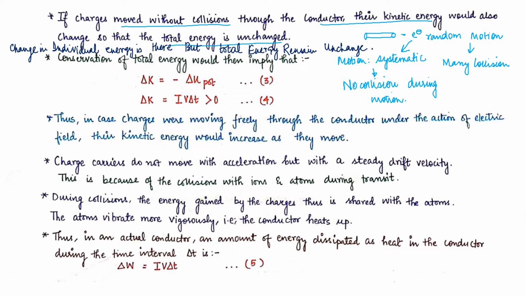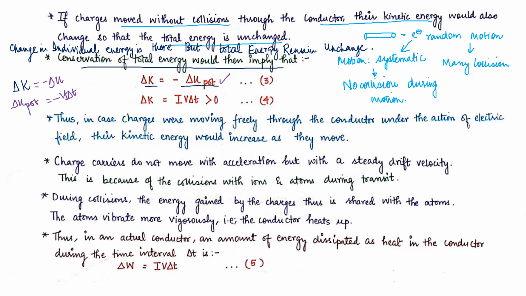In that case, we will see the conservation of the total energy, and from the conservation of total energy, it implies that change in kinetic energy is equal to minus of change in the potential energy. Change in kinetic energy will be equal to change in the potential energy, but their direction is reversed. So if we apply it over here, in the previous page we have seen del U, potential, is equal to minus of V into I into T.